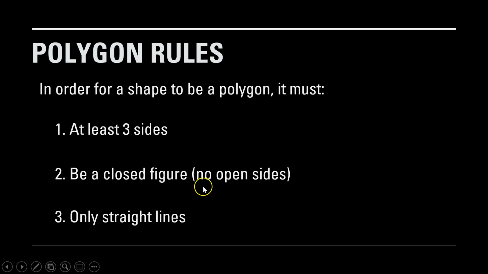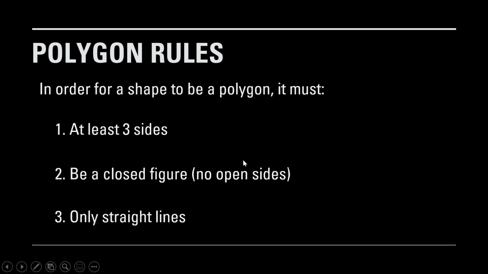That means that the shape can have no open sides. Our final rule is that a polygon can only have straight lines. That means that there can be no curvy crazy lines on our shape, or else it is not a polygon.